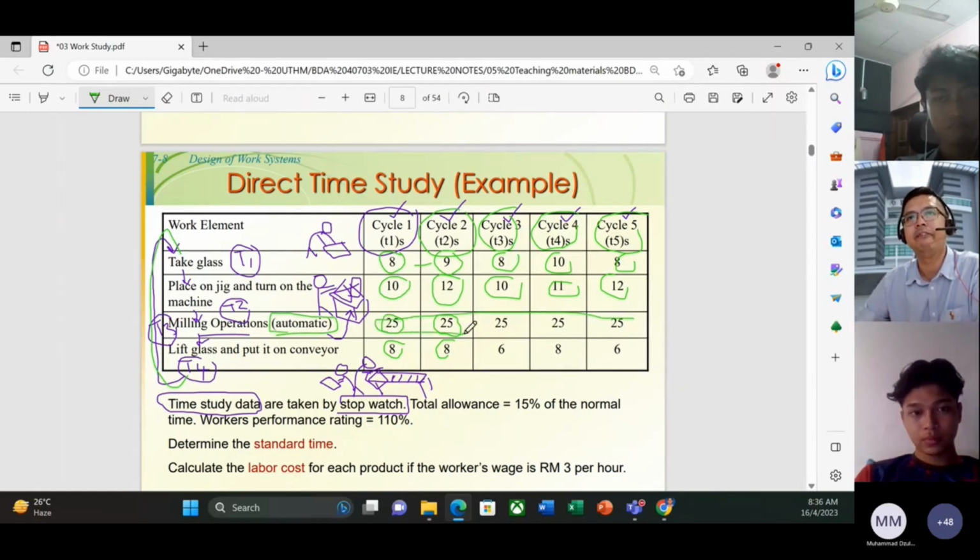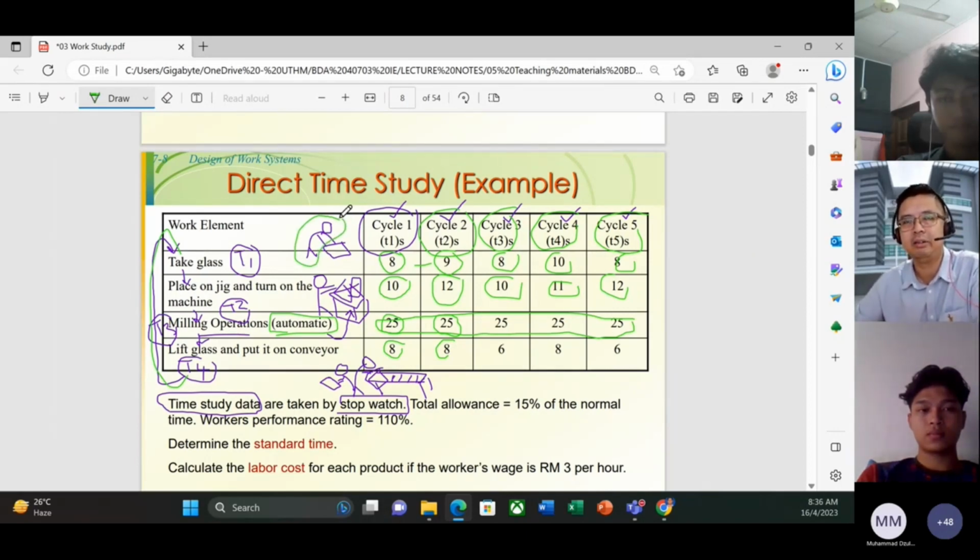Also the same, it remains 25. Why? Driven by machine, we set up the time. Because a human cannot take the same time. Sometimes the first time is 8 seconds, second time 9 seconds, another time 8 seconds. It is because a human gets fatigued or tired, so energy varies.